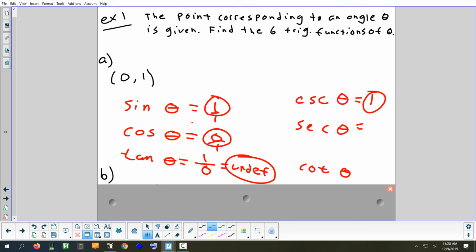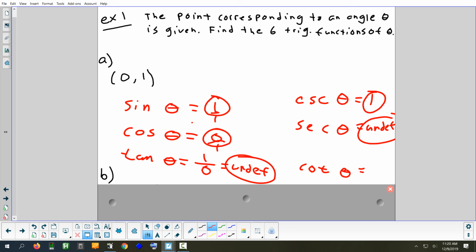So what would you get when you flip 0 over 1? 1 over 0. 1 over 0, undefined. So when you flip 0, you get undefined. What about when you flip undefined? What do you get? Nope, the only things you can flip that stay the same are 1 and -1. If you flip one of those, they stay the same.